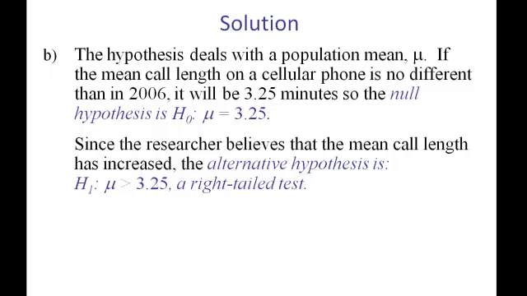And so we'll write our null hypothesis as H0, mu equals 3.25. Since the researcher believes that the mean length of the call has increased, our alternative hypothesis is written as H1, mu is greater than 3.25. And remember that when the alternative hypothesis has a greater than sign, we'll call this a right-tailed test.